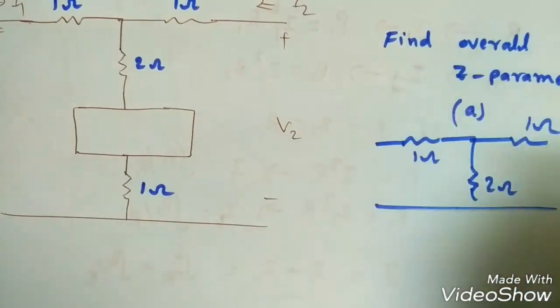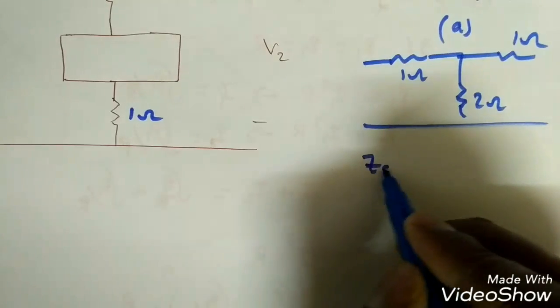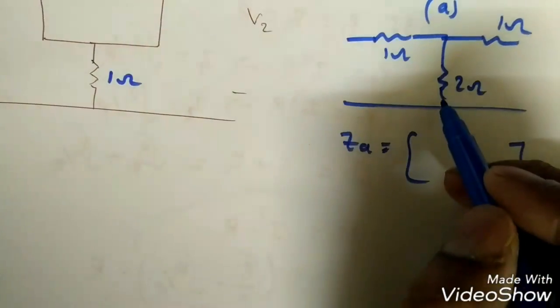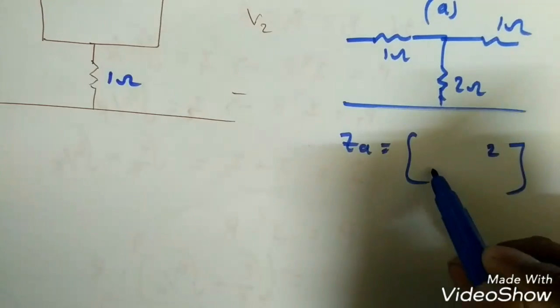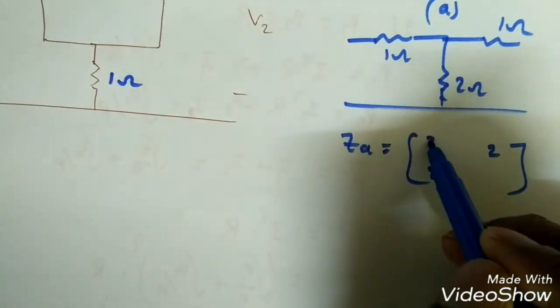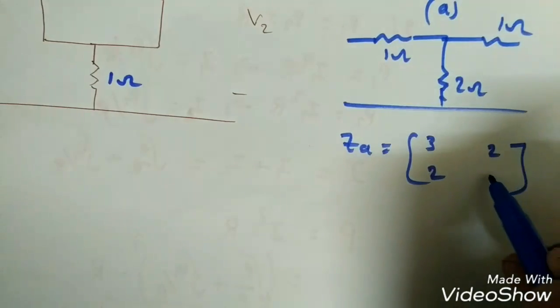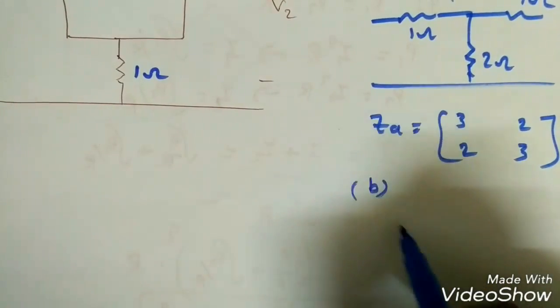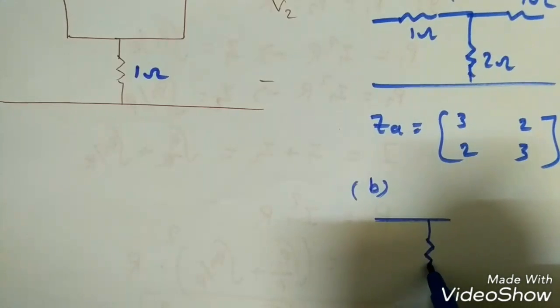This is network A, so I can find ZA directly. The 2 ohms is common, so it is 2 ohms here. To find Z11, we add 1 plus 2, which is 3. Similarly for the other one, 3. So that is ZA.